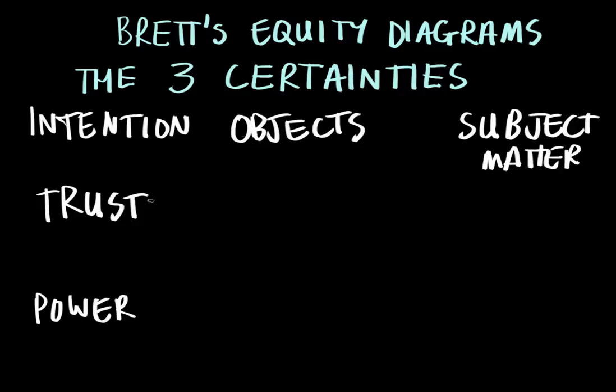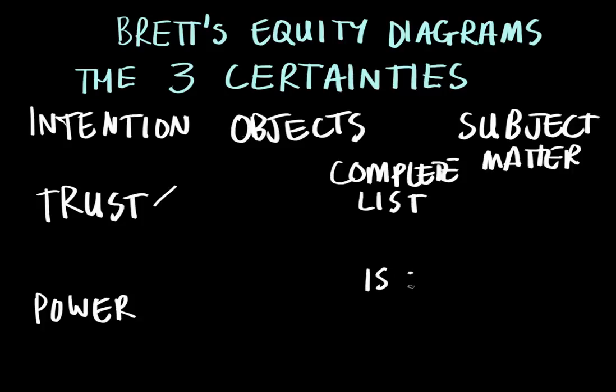So if the settlor used mandatory language and the trustee must distribute the trust property, the subject matter, the test for objects is either a complete list test or the is or is not test.